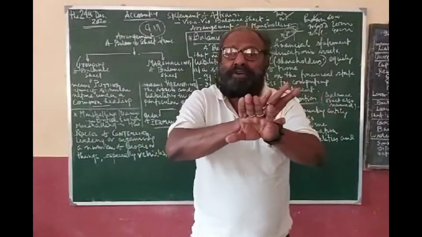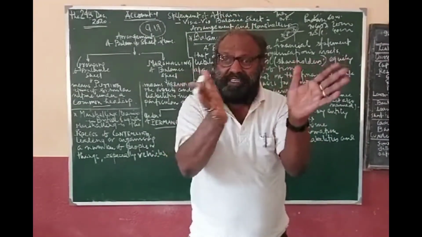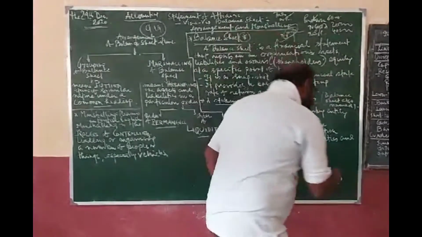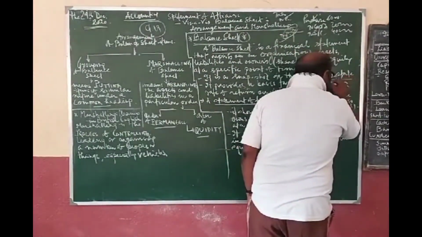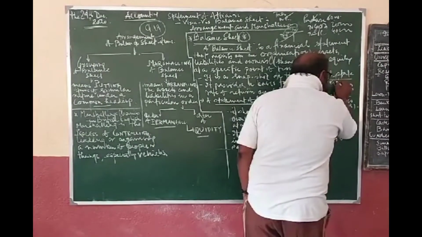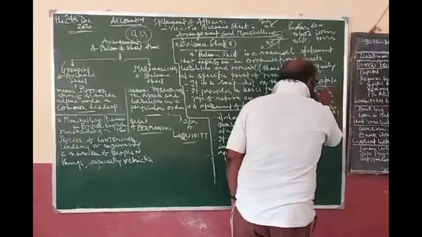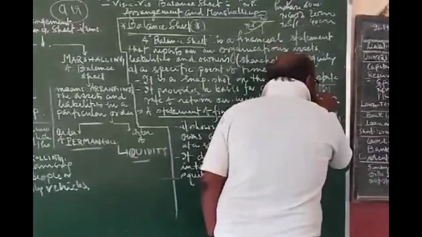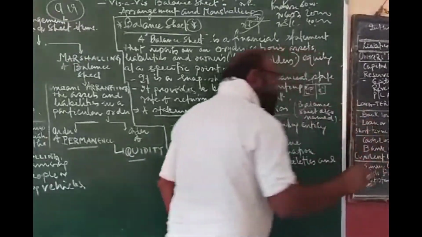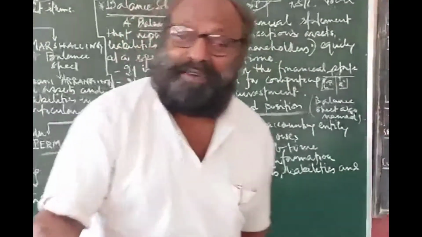All these are not closed. So from the trial balance, the expenses, incomes, losses, gains, all these are written off. All the accounts are closed down.